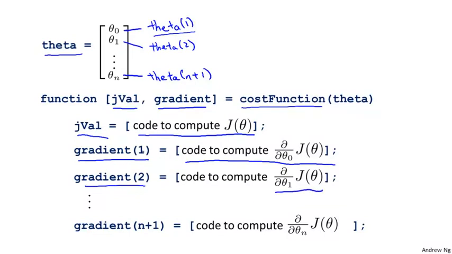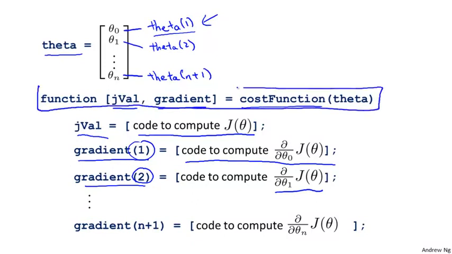And once again, this is gradient 1, this is gradient 2, and so on, rather than gradient 0, gradient 1, because Octave indexes its vectors starting from 1 rather than from 0. But the main concept I hope you take away from this slide is that what you need to do is write a function that returns the cost function and returns the gradient.